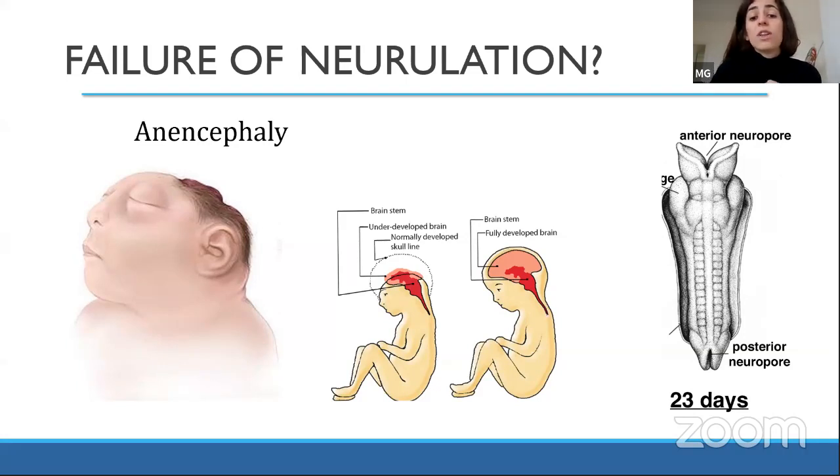There's a question: how does folic acid help the tube close? Very good question. It doesn't, but it helps the cells multiply correctly. The reason the tube isn't closing is because this process is so fast and maybe the cells don't have time to develop. The cells are multiplying, and if they don't multiply fast enough, the tube will stay open a tiny bit.